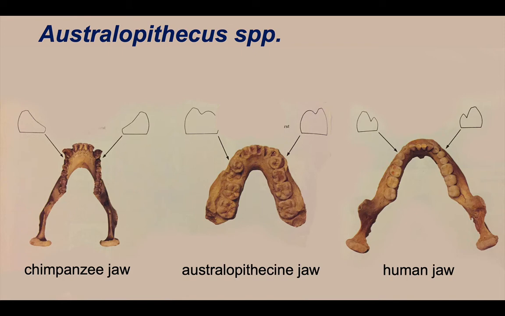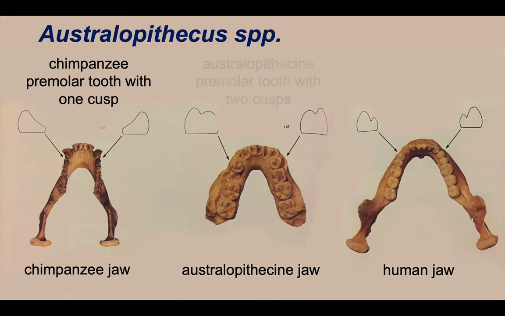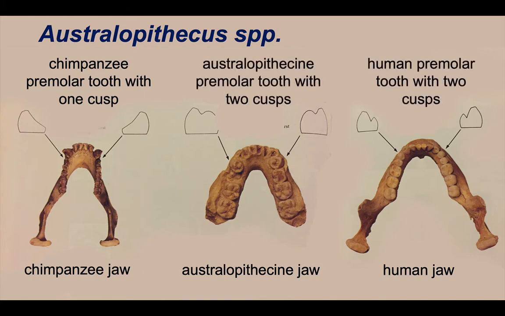Also, if you look at the shape of the jaw, you can see it more resembles a human, perhaps, than the very narrow jaw of a chimpanzee. So these one-cusp teeth are a chimpanzee feature. The two-cusp teeth are a feature of modern humans and Australopithecus.